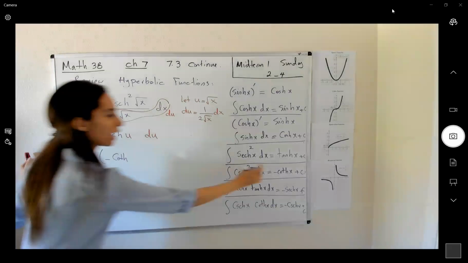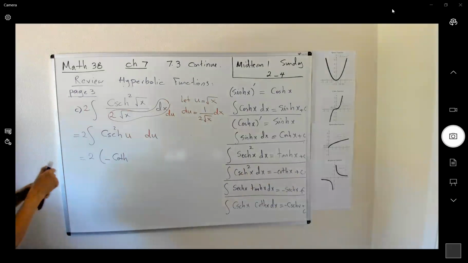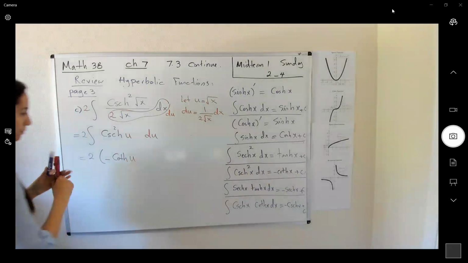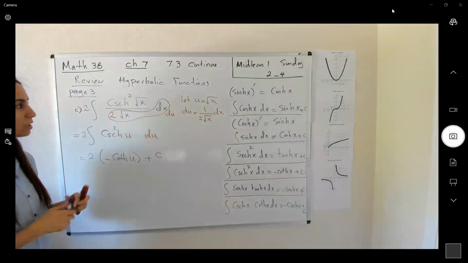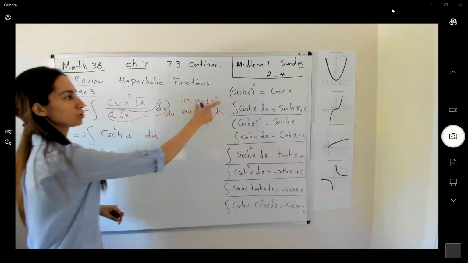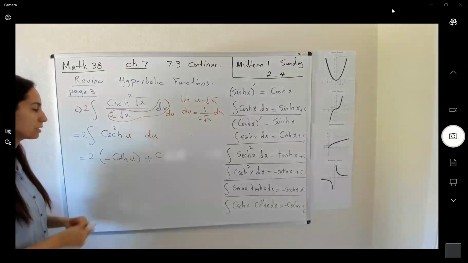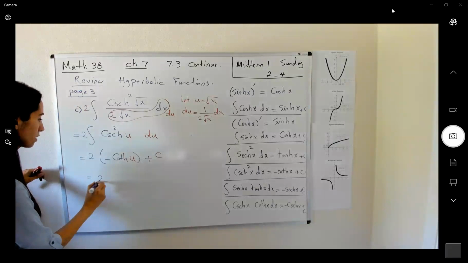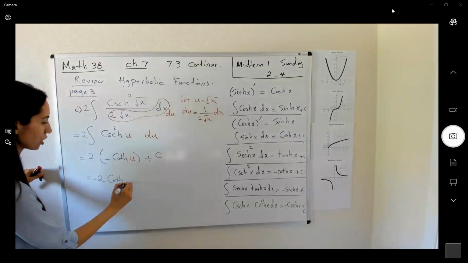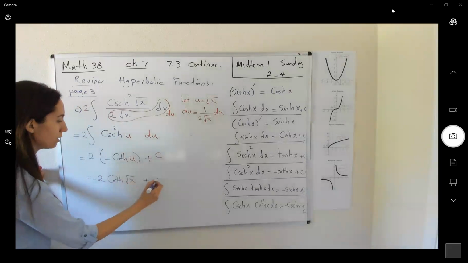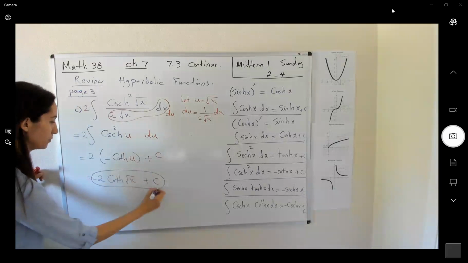And instead of having x, we have u. So let us copy down u here, plus constant of integration. But what is u? u is square root of x. We substitute that. Minus 2 hyperbolic cotangent square root of x plus constant of integration.